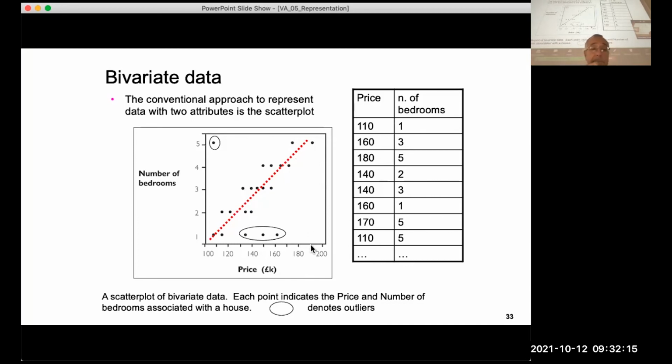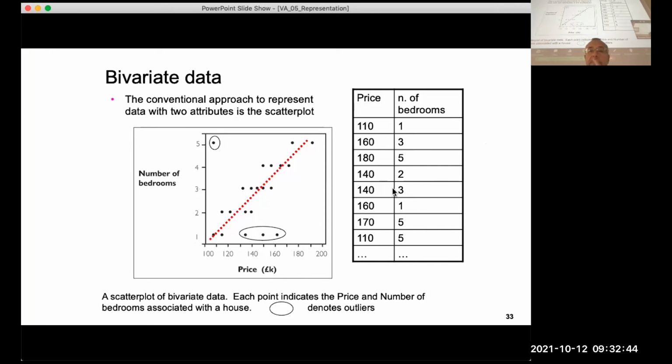For instance, here is the example, now we are moving from cars to houses. The unit is still sterling because Bob Spencer is an English person. Here each dot is a house, and its position represents the number of bedrooms and the price of the house.